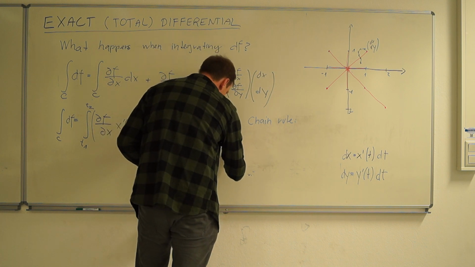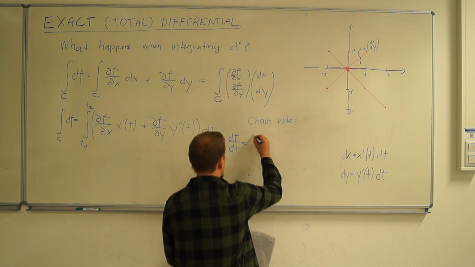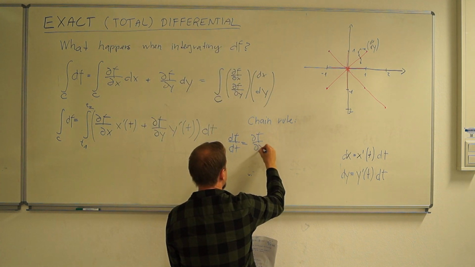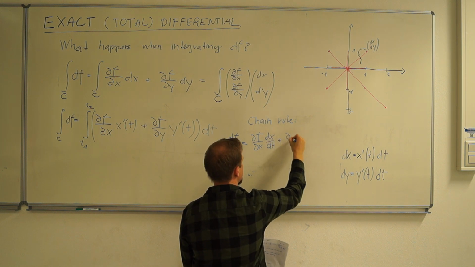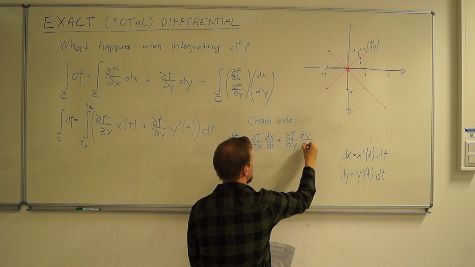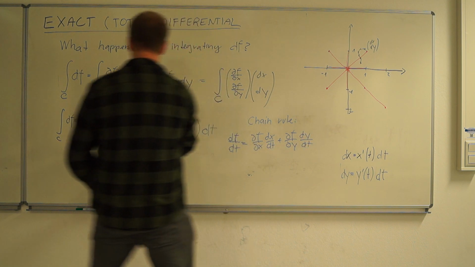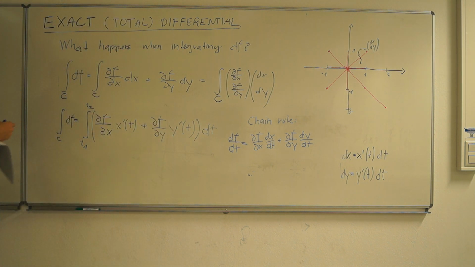So then df over dt is equal to df over dx, dx over dt plus df over dy, dy over dt. But this is the same expression as here because x prime of t is dx over dt.